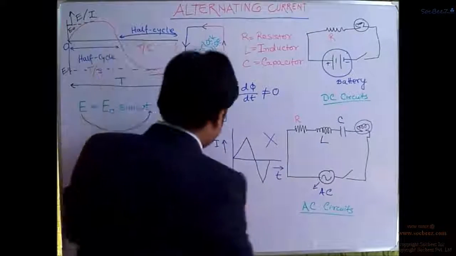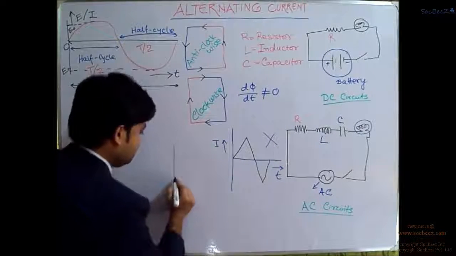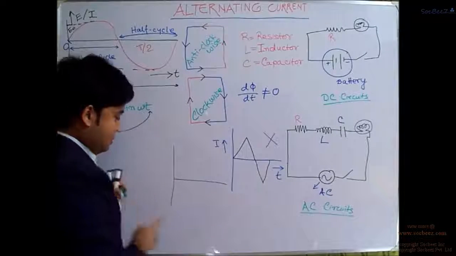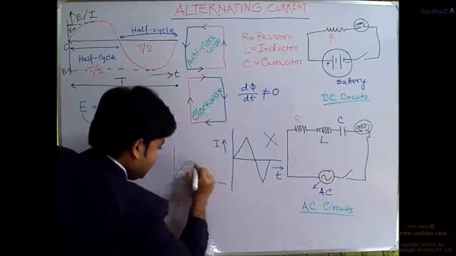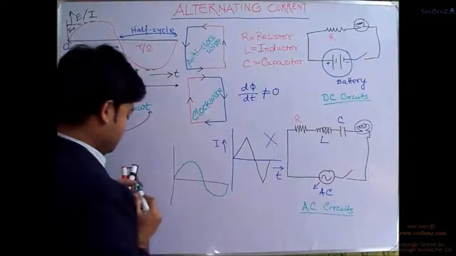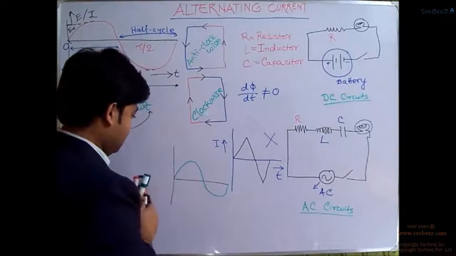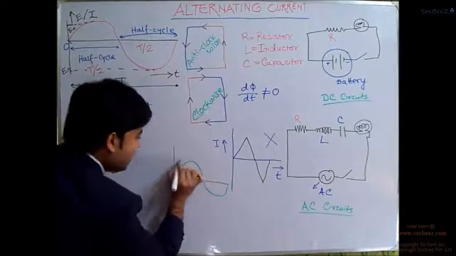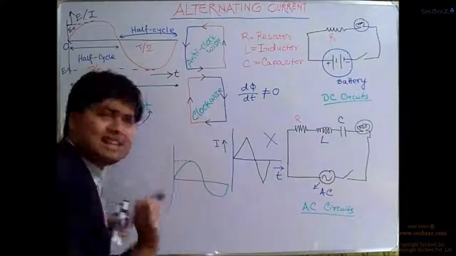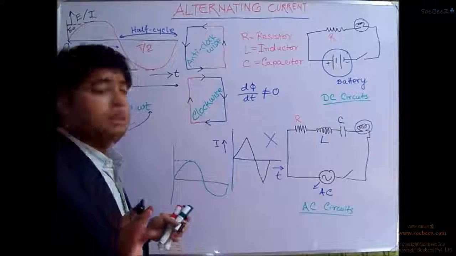So in the alternating current curve, the maximum EMF that it attains on the upper side or the lower side is the same, E naught.